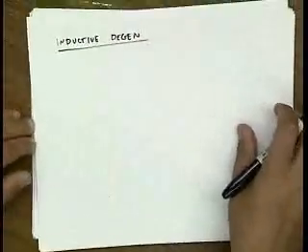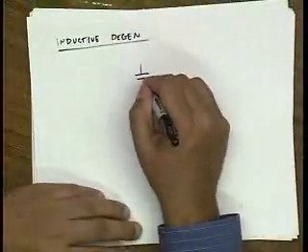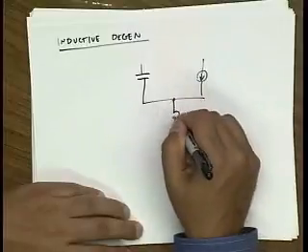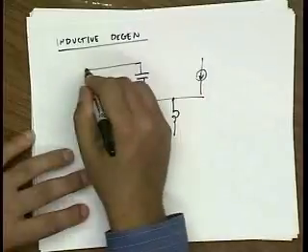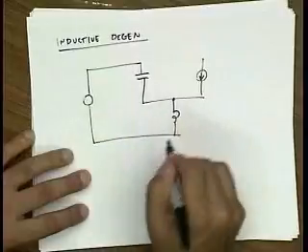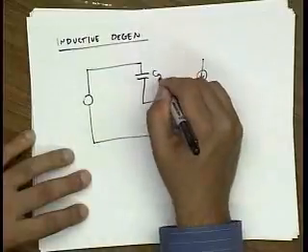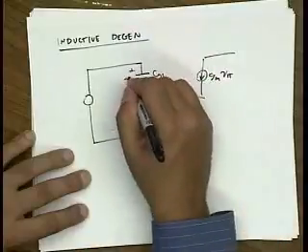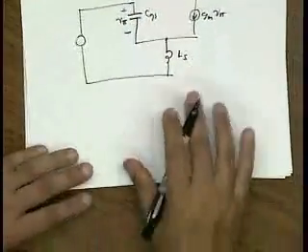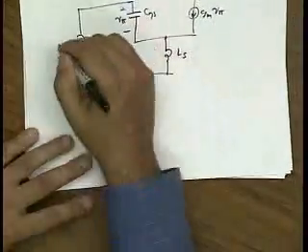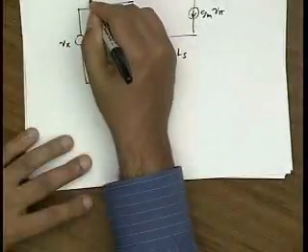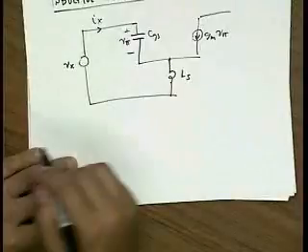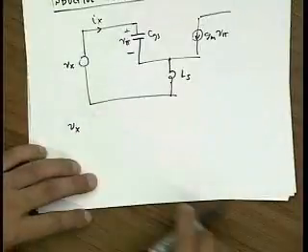Okay. And the idea behind inductive degeneration is, let me just calculate. This is my voltage source. Let's call this Ls, CGS. This is gm V pi, or this is V pi. Let me just calculate the input impedance seen by this voltage source. Okay? So to do that, I can just write one loop equation.